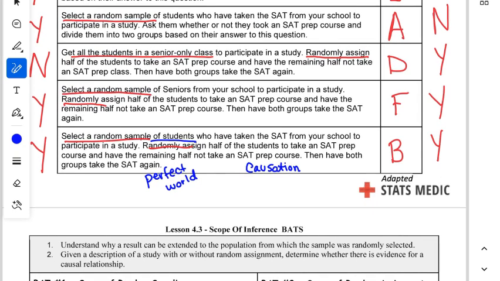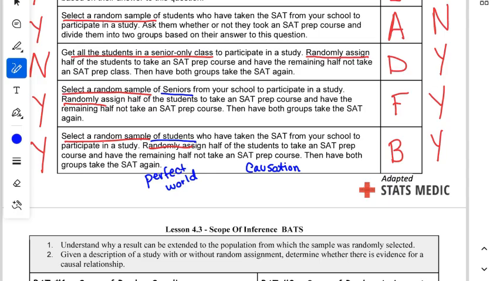Let's go up one. The next one, the second from bottom: select a random sample of students from your school to participate. Assign half of the students to take an SAT prep course and have the remaining half not take the SAT prep course, and have both groups take the SAT again.